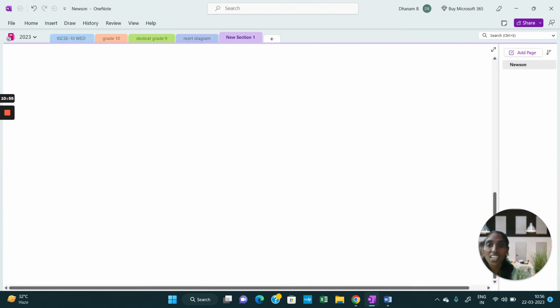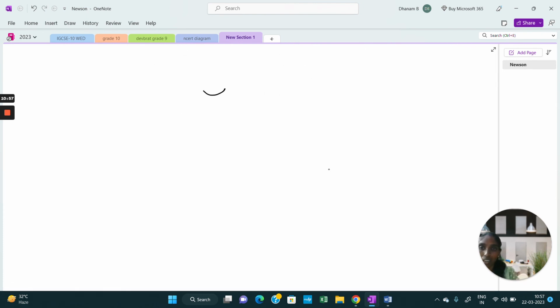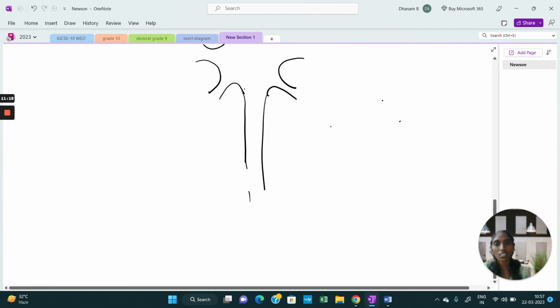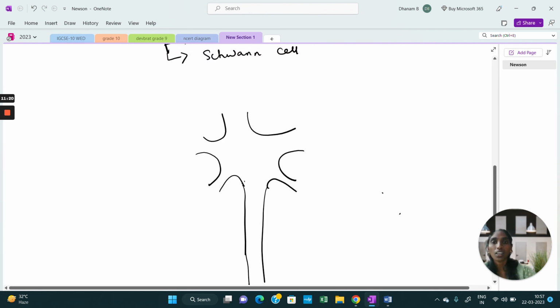Okay, I just want to draw a simple diagram of a neuron. Once you understand this diagram, it's very easy to understand the impulse which is transmitted by the axon. Just see, this is a typical diagram of the neuron. See here and here.